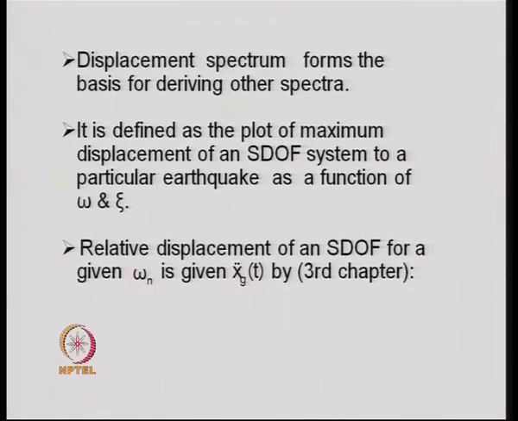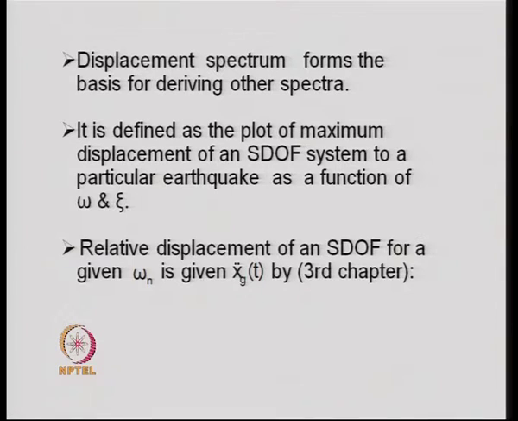There you have solved a single degree of freedom system having a natural period and a damping ratio for support excitation, and for that support excitation you can obtain the relative displacement of the ground motion, and that can be obtained by various methods.